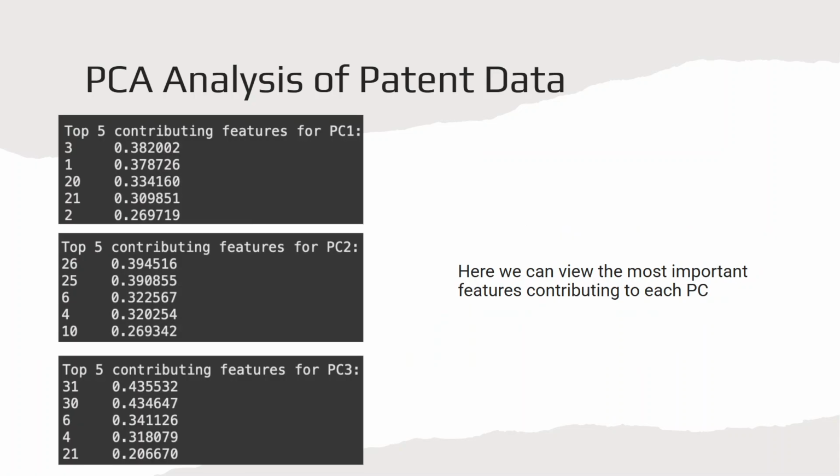Further from that, we can look at the contributing features for each PC so that as we find these unique and special patents, we can look at what's driving them further away from the centers. For each PC that we saw in our visual, we can look at the top contributing features that are driving each direction of the graph.